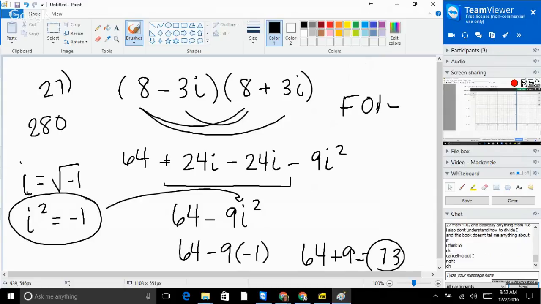So that's why if you looked in the back of your book, you're like, what? How'd they get rid of the i? They got rid of the i by using the fact that the middle terms, the inside and outside, canceled out, and i squared equals -1. Yeah, there were a lot of things that could trip you up on that one. That's for sure.